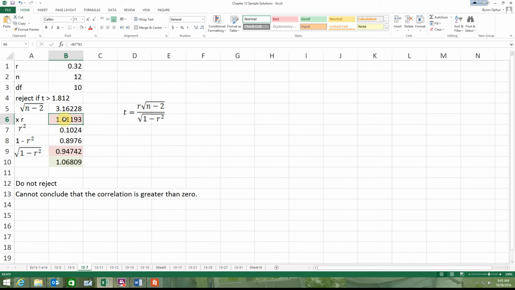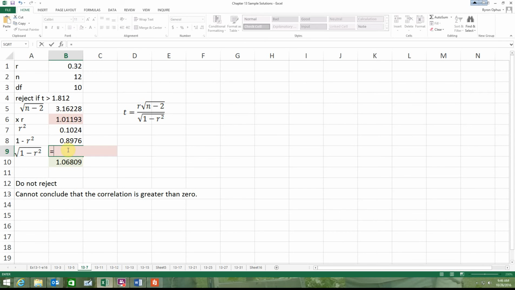Then I did the bottom of it, 1 minus r squared. First I figured r squared, which is r to the second, and then I do 1 minus that, and then I take the square root of that.